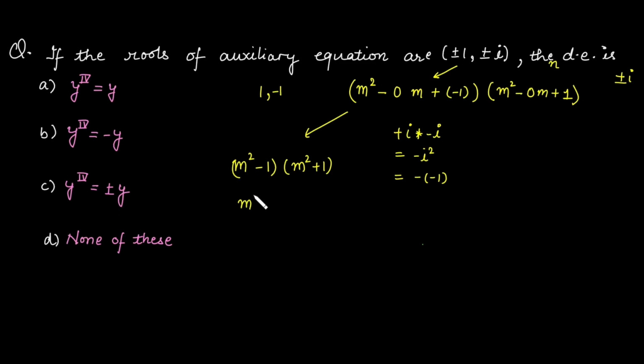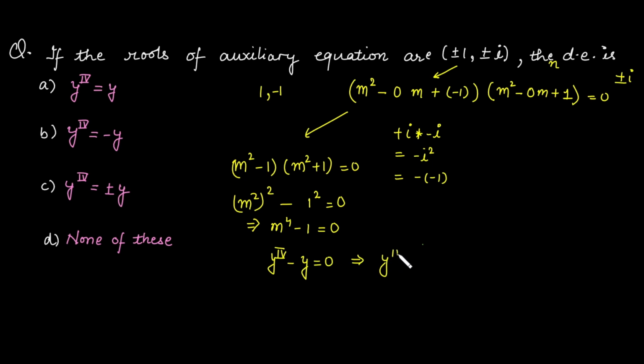It becomes m square raised to power 2 minus 1 square, that is m raised to power 4 minus 1, equal to 0, because it is an auxiliary equation we are writing in this case. Now we can write the differential equation from here. m raised to power 4 means it is a fourth order derivative, minus 1 is replaced by y, that is equal to 0. So in this case, fourth order derivative minus y is equal to 0, and according to this, option A is correct.